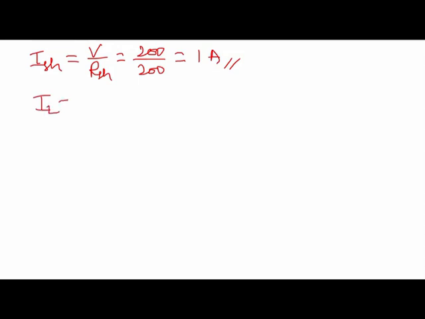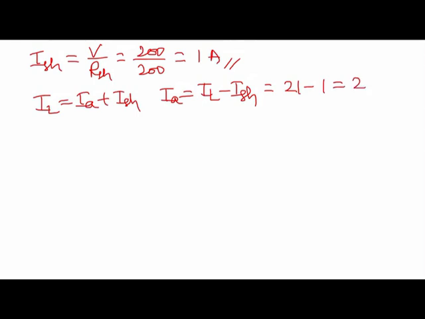ISH is equal to V by RSH. V is 200, RSH is again 200, so ISH is 1 amp. We know IL is equal to IA plus ISH, so IA is equal to IL minus ISH, which is 21 minus 1 equal to 20 amps.